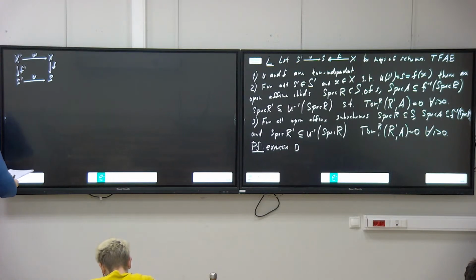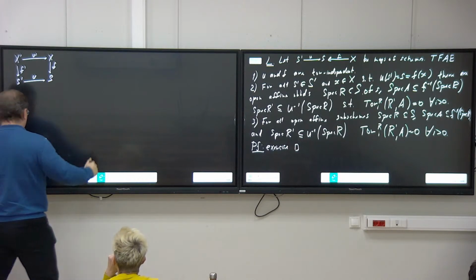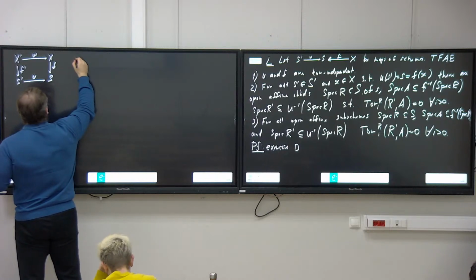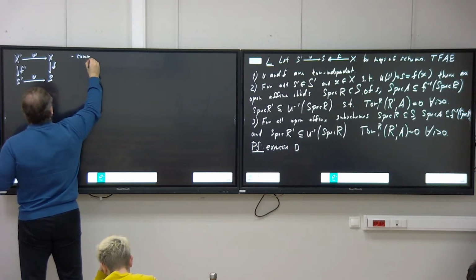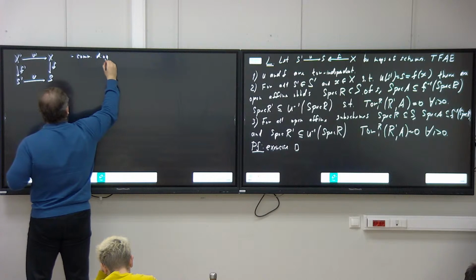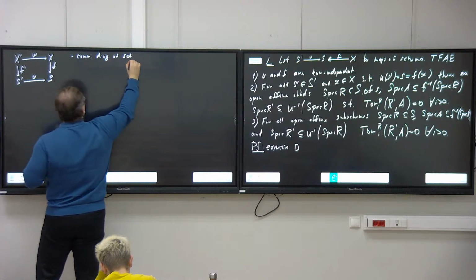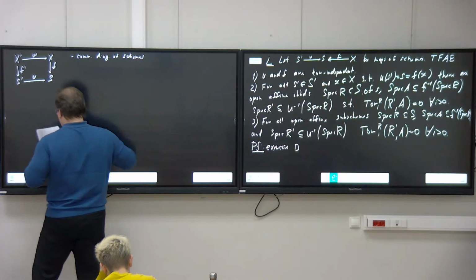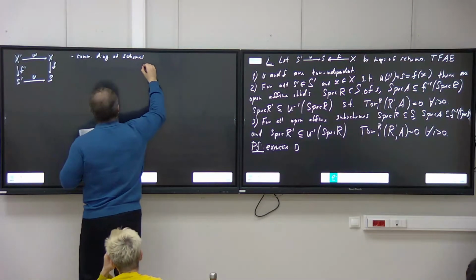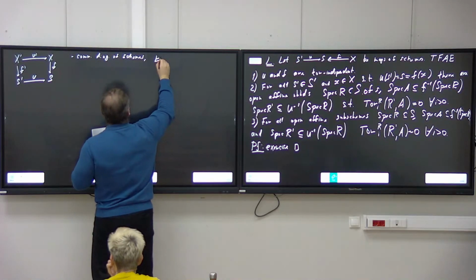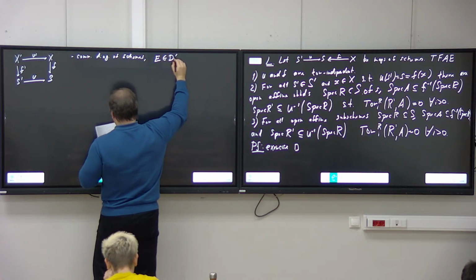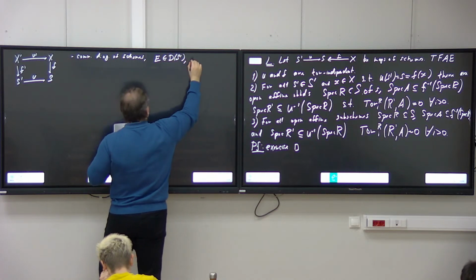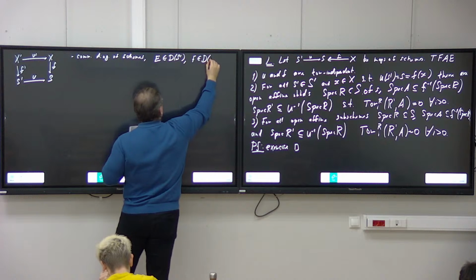Just a commutative diagram of schemes. Also let me fix an object E in D of S prime, and an object F in D of X.